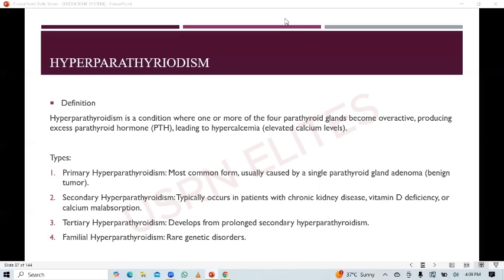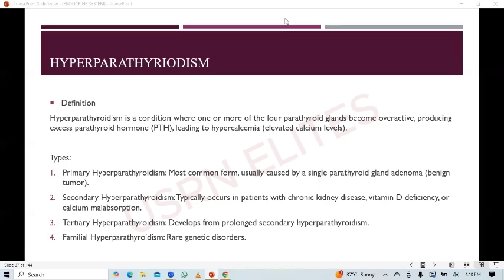This bouncer is supposed to check who will be allowed in. Imagine the bouncer as the ADH, the antidiuretic hormone, and the place where they are having the program is your body, your kidneys, and everything.